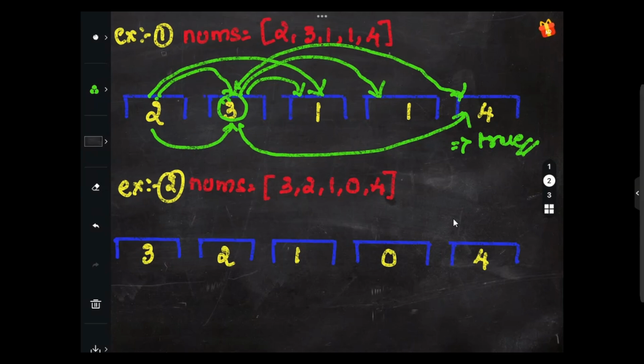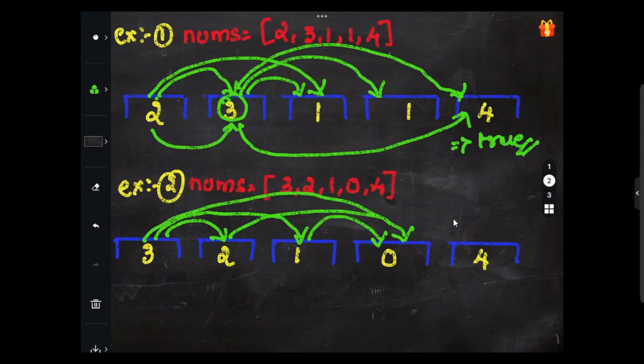The second example they have given is 3 2 1 0 4. If we move 3 steps directly, we end up at 0. If we move 2 steps, then 1 step, we end up at 0. If we move 1 step, then 2 steps, we also end up at 0.